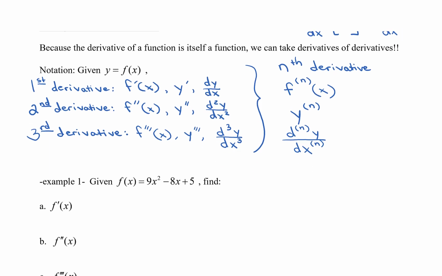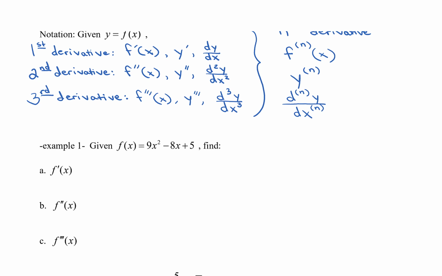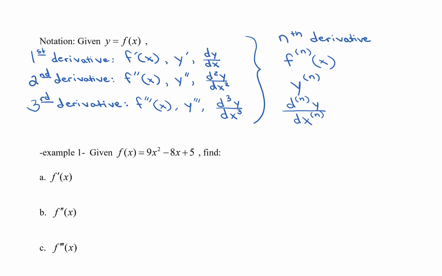Example 1. Given f of x equals 9x squared minus 8x plus 5, find a, f prime of x. So f prime of x here is going to be equal to 18x minus 8. And we're going to box that answer in.